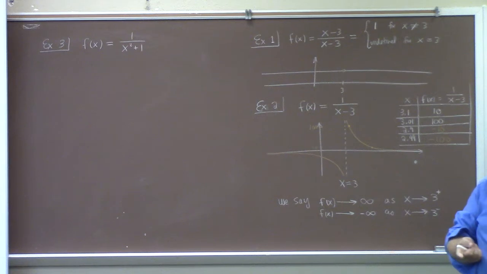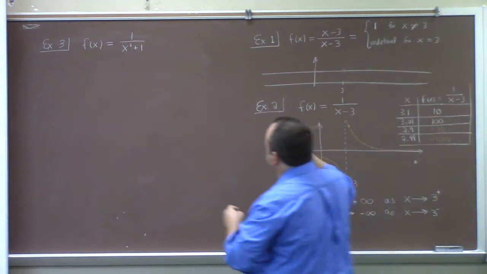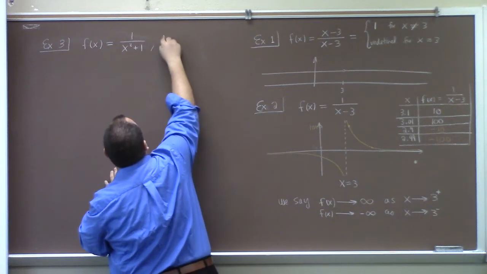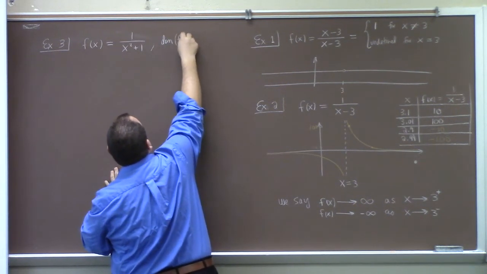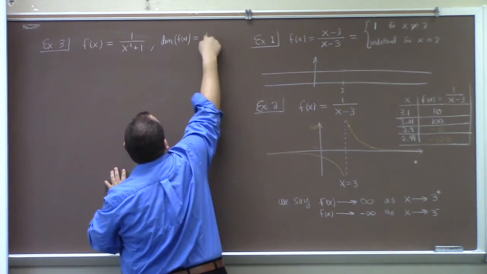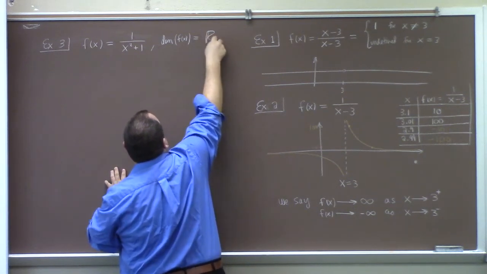Come from the numerator equal to 0, right? The numerator is 1. Can the numerator be 0? No. The denominator is x squared plus 1. Can x squared plus 1 be 0? No, right? So what's the domain of f? It's everything, the whole real line, right?